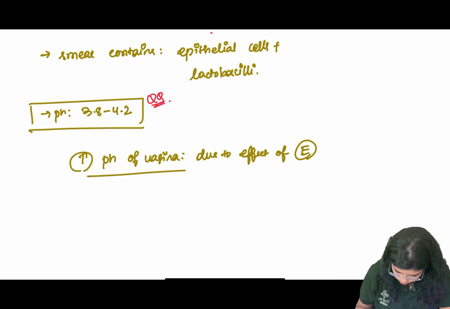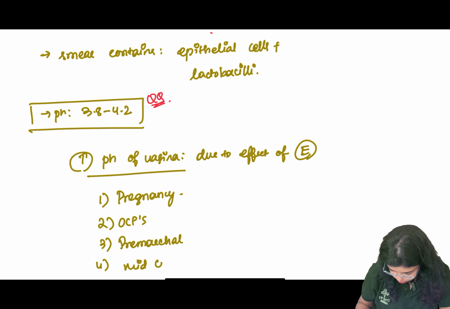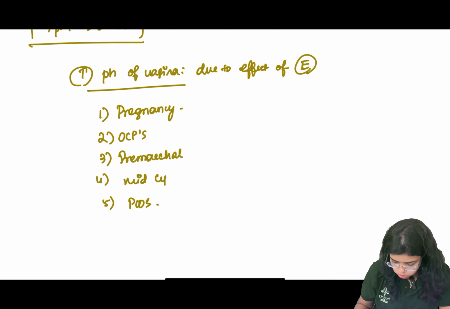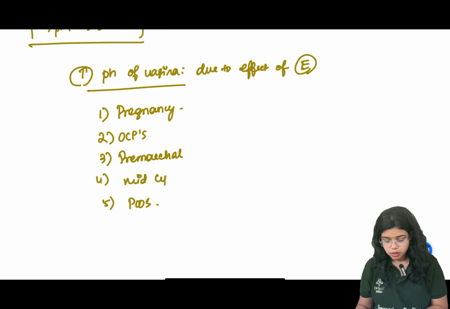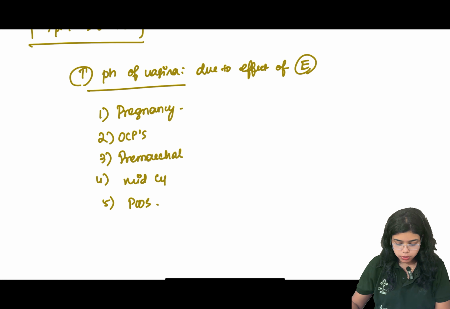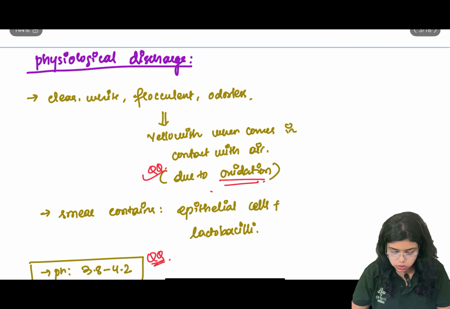Okay, so pregnancy, premenarche, and also mid-cycle, and also in PCOS. Okay, so these are the conditions where the pH of the vagina is increased due to the effect of estrogen, and there is decrease of the pH.